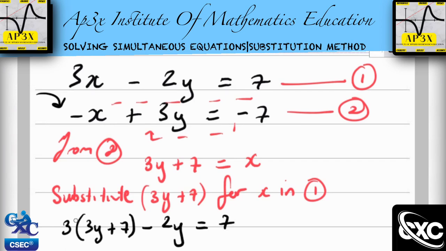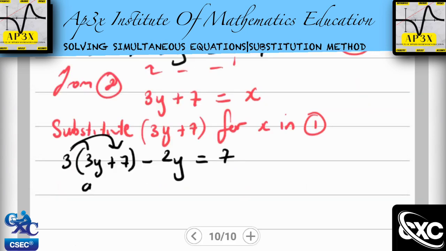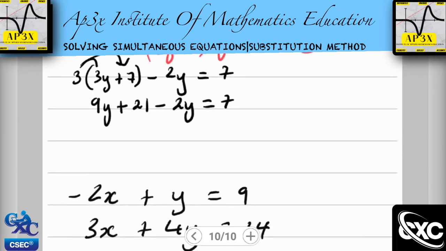Now go ahead and distribute 3 here and 3 here. So we have 3 times 3y is 9y, and 3 times 7 is 21. Take away 2y, and that's equal to 7. All right, so once we've done that, then we can simply group like terms.